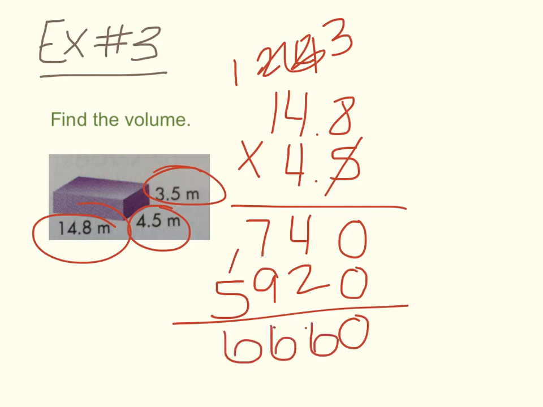And then we move our decimal place 2 times. So now I have 66 and 60 hundredths.